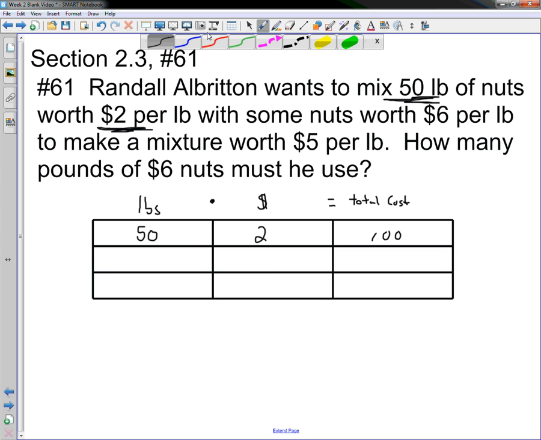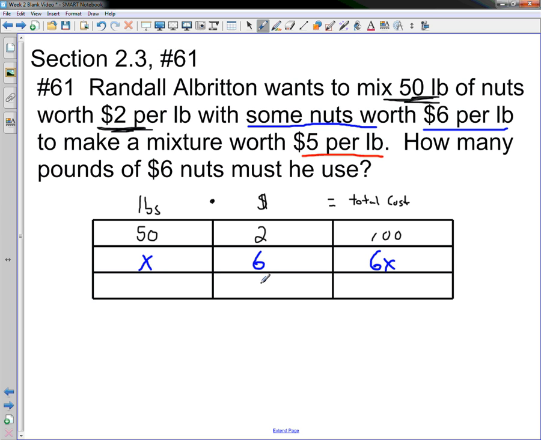The second mixture we have some nuts. So that's pounds. Don't know how many we have. We do know the price, which is $6. Again, if we multiply these together, that would give us the total cost for just those nuts. Now the last one we have is we want to make a mixture worth $5 per pound.